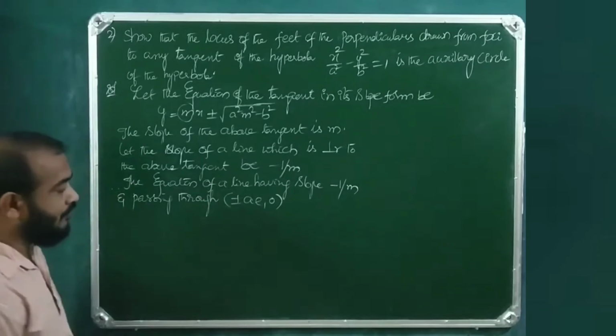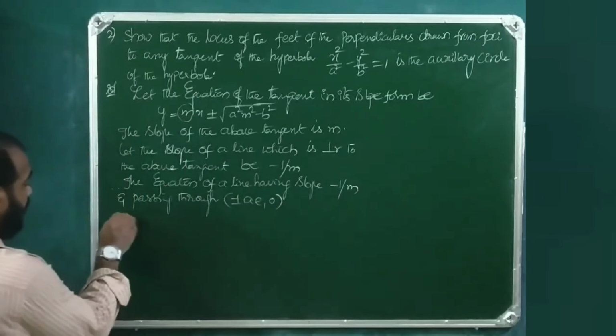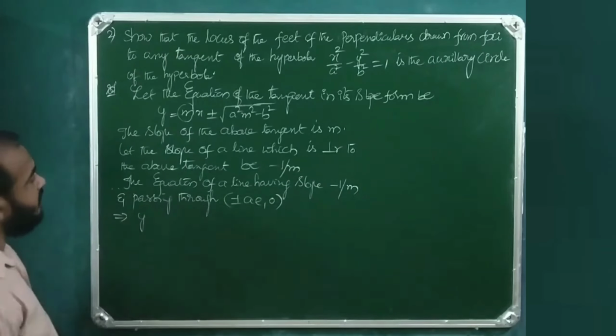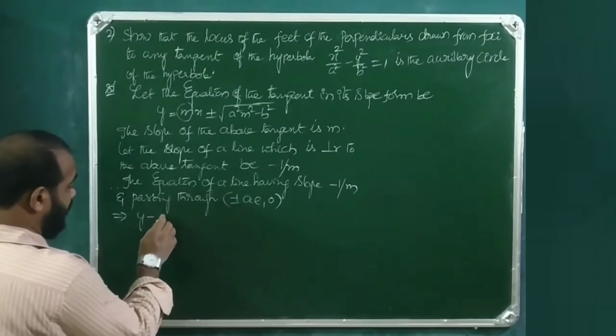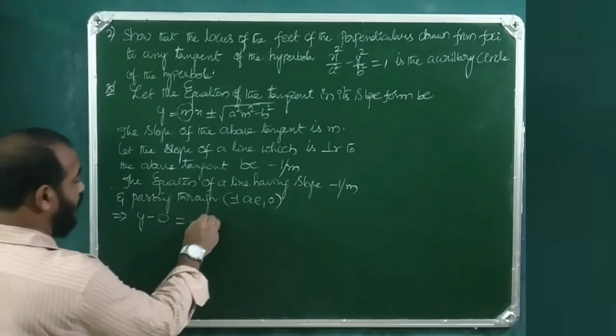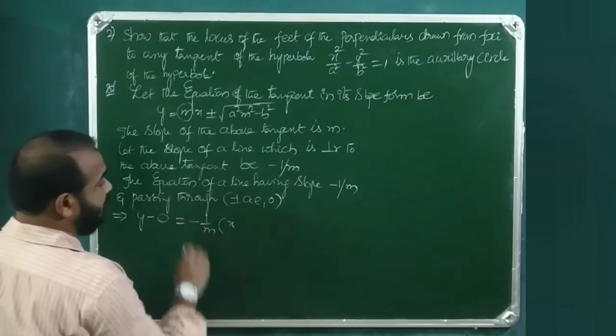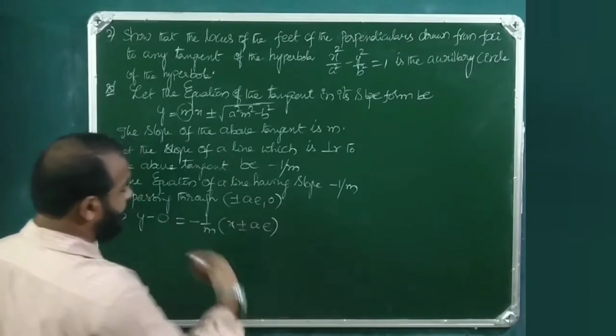So we have the point and the slope, the point-slope form: y − 0 = −1/m (x − (±ae)).